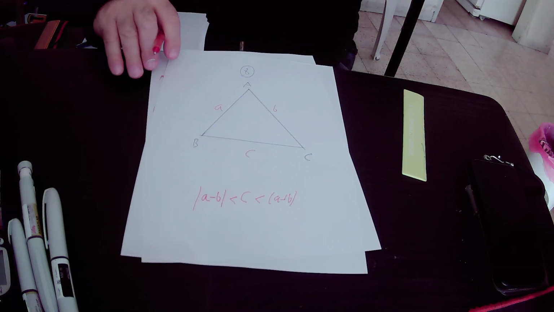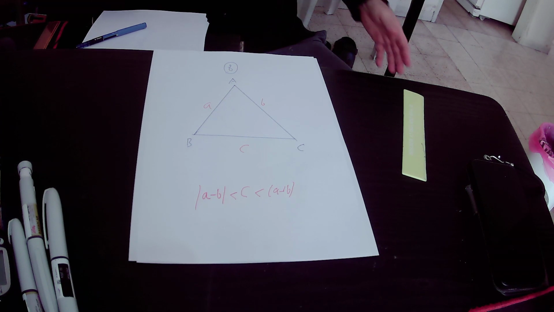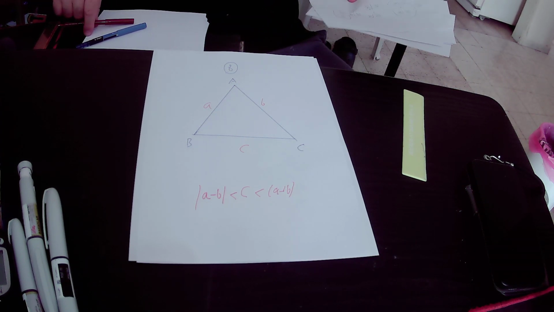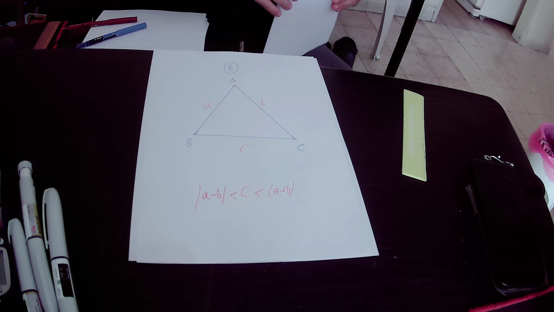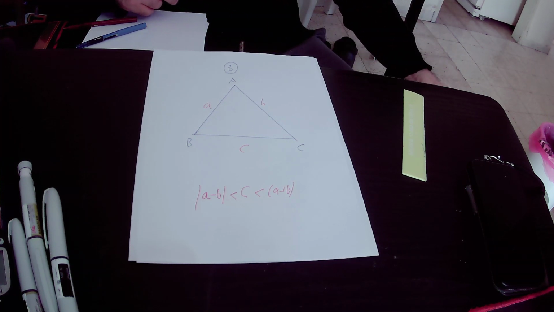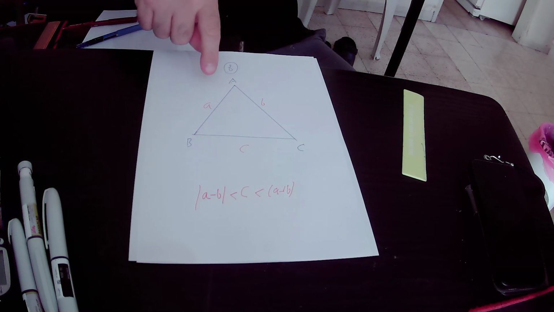So in any triangle, the size of one side of the triangle will always be less than the sum of the other two sides, and it will always be greater than the difference of the other two sides.